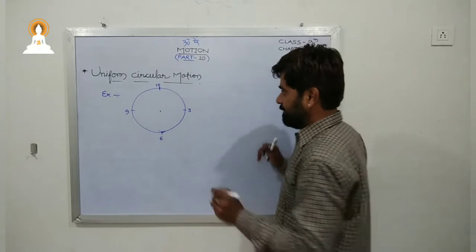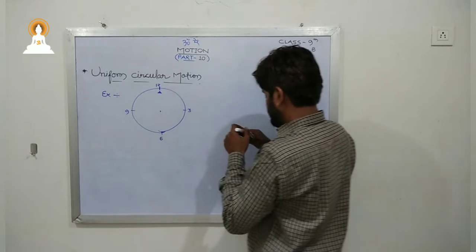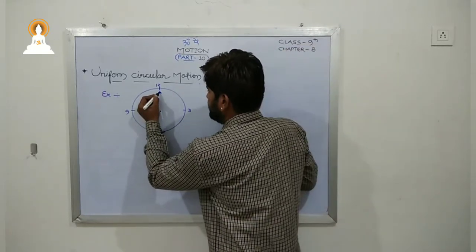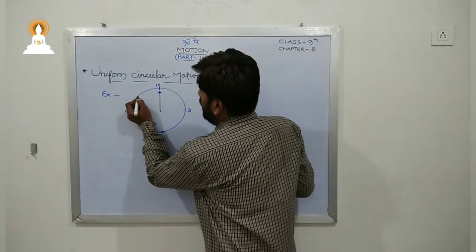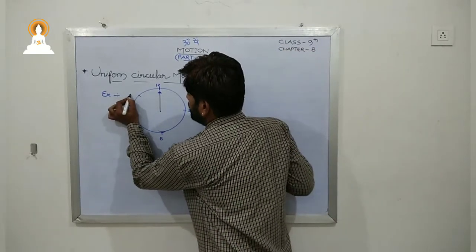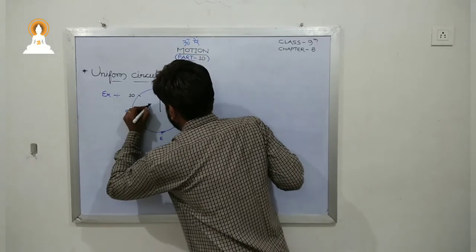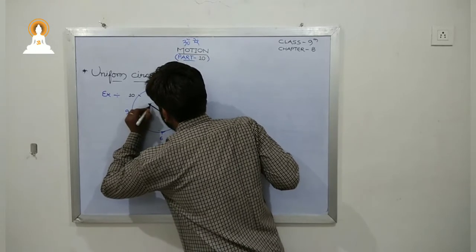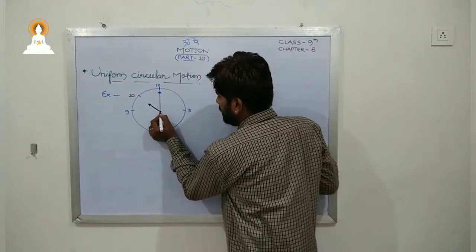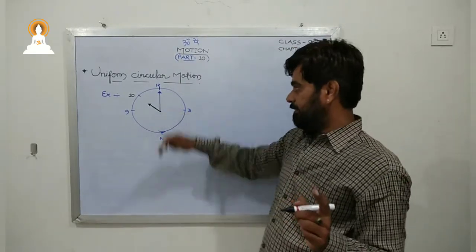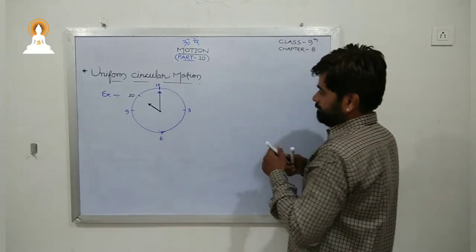Now listen carefully to what is given. Suppose this is our minute hand, and it is 10 o'clock right now, and this is our hour hand. They have given that the minute hand has a length of 10 centimeter.